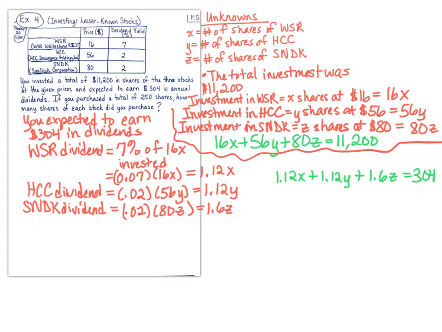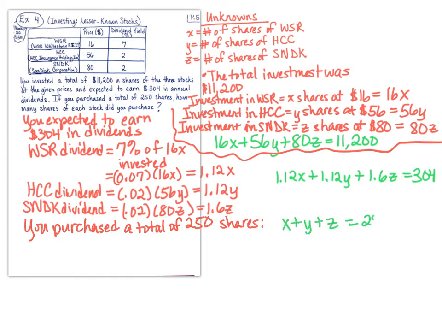It would be X plus Y plus Z. Good. Because you purchased a total of 250 shares. That corresponds to, as you said, X plus Y plus Z equals 250. Very good.